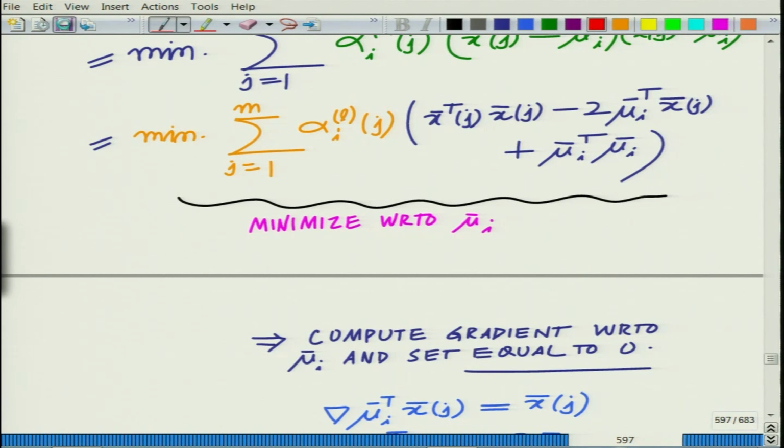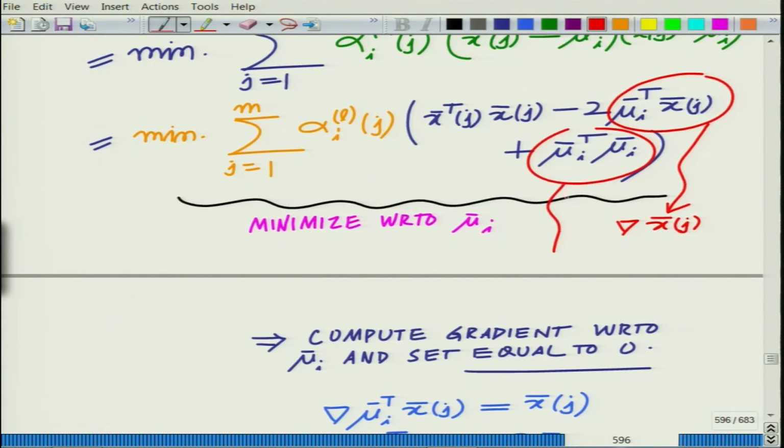Therefore, the gradient of the term mu bar i transpose x bar j will be simply x bar j, and the gradient of the term mu bar i transpose mu bar i will be twice mu bar i.